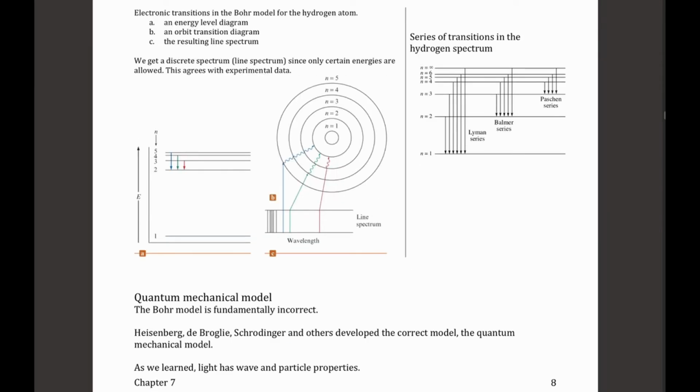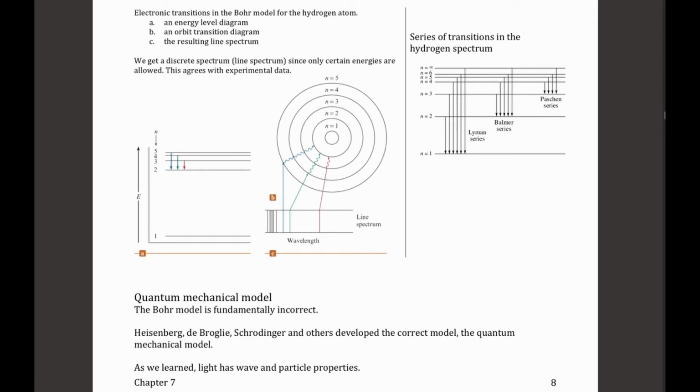Electronic transitions in the Bohr model for the hydrogen atom. So here's a diagram where the one down below on the left side is showing an energy level diagram. We saw those above. The one with the concentric circles is showing an orbit transition diagram.